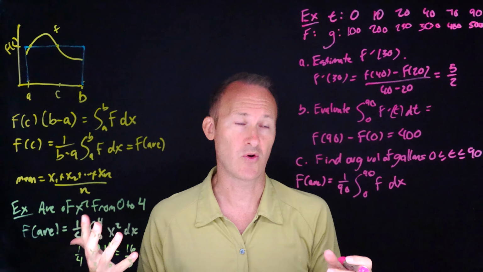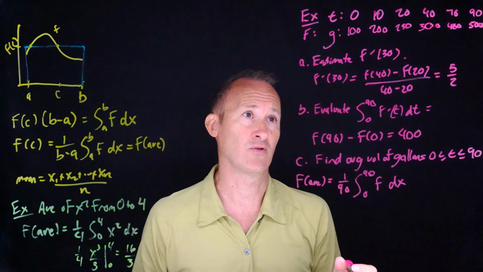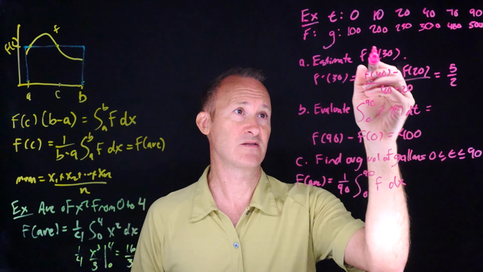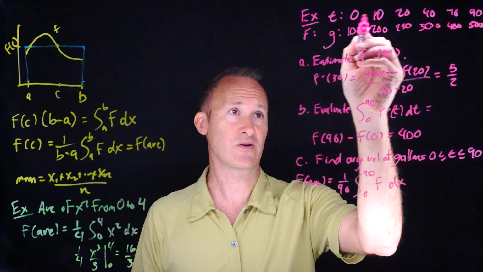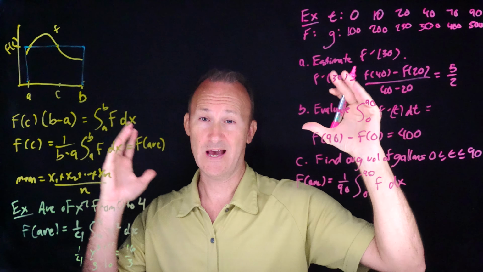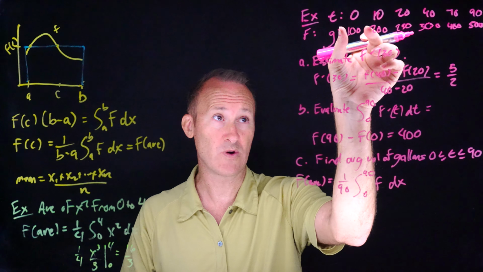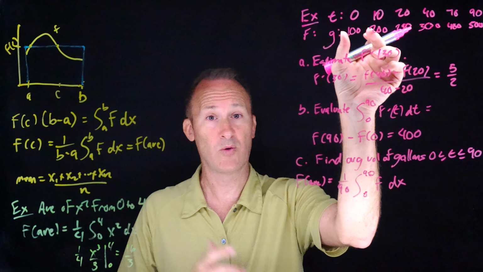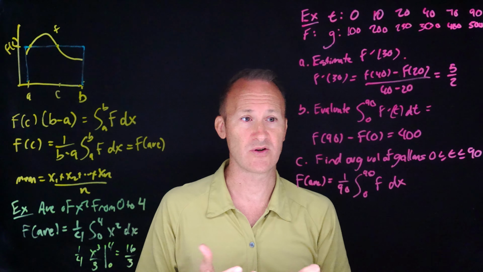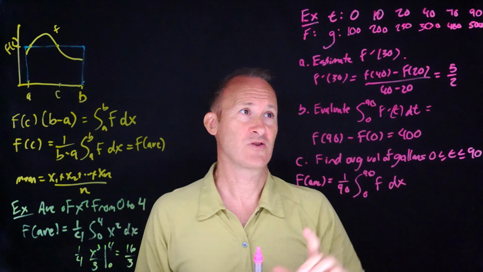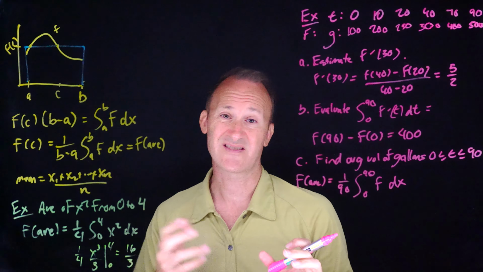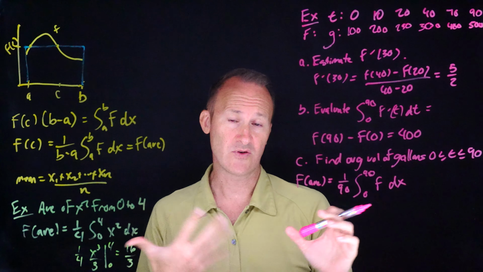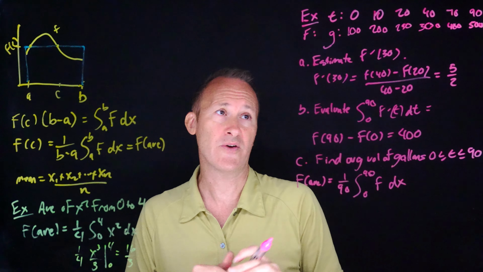Now we can make the choice whether we do right-hand or left-hand sums. When we look at the interval from 0 to 10, that has a width, a rectangle of 10 units, but what's the height? Is it 100 or 200? You can see this function is strictly increasing, and you could decide in context whether you want an overestimate or an underestimate.